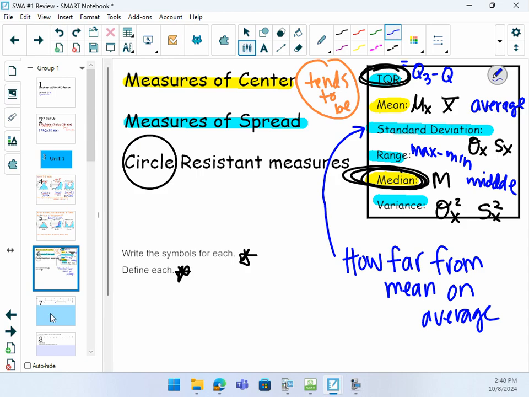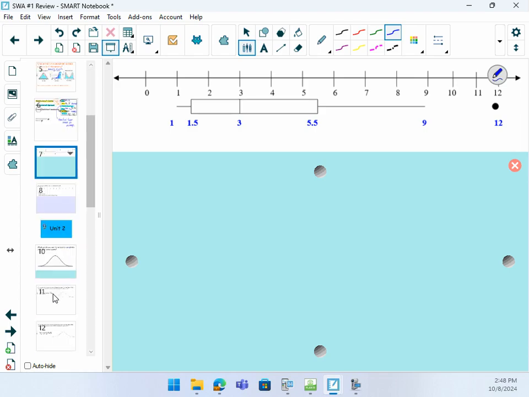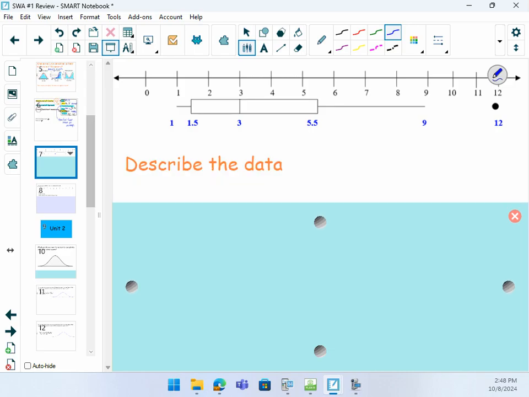Okay, other things that you would need to be able to feel good about for Unit 1 is if you were given a data set, be able to say a little bit about it. You should feel comfortable with box plots. Box plots will come up over and over again. So if you were looking at this data, you should be able to describe what you have going on. And in order to describe data, we said we have the rubric of SOCS.